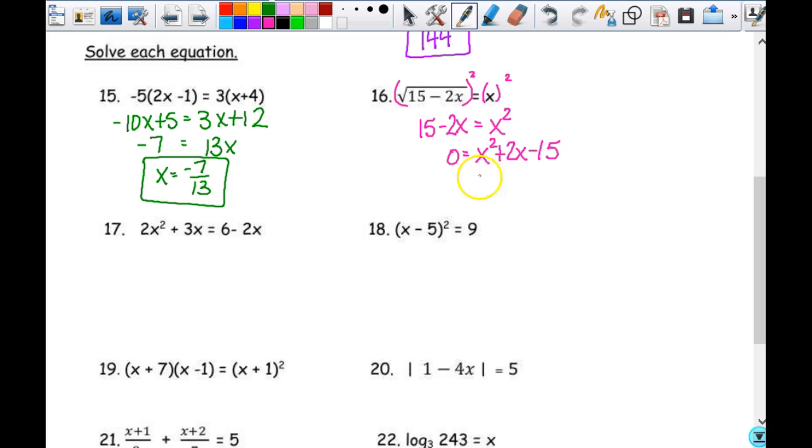So when I factor this, I'm going to get x plus 5 times x minus 3. So minus 3. Oh, goodness. There you go. Minus 3. So that means that my solutions, 3 and negative 5.